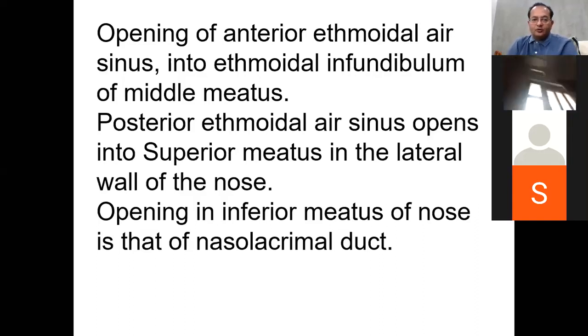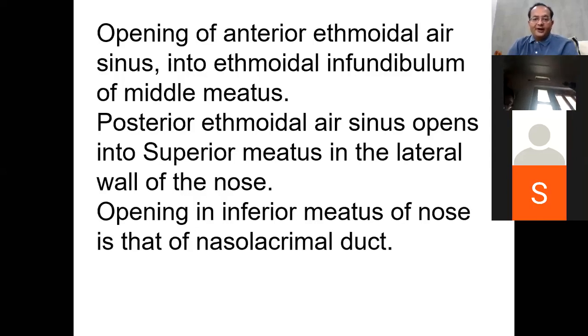So the posterior ethmoidal air sinus opens into the superior meatus. Superior meatus is the space present beneath the superior concha in the lateral wall of the nose. And the posterior ethmoidal air sinus opens into the superior meatus in the lateral wall of the nose.